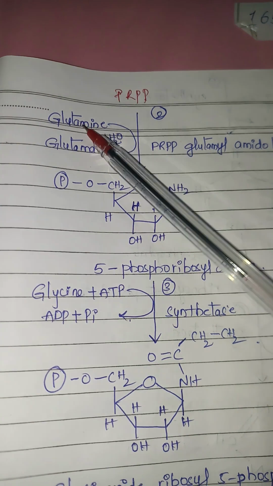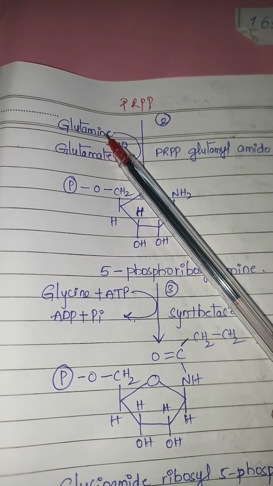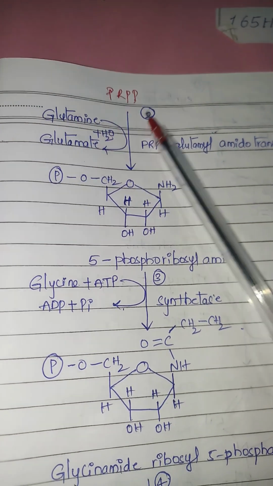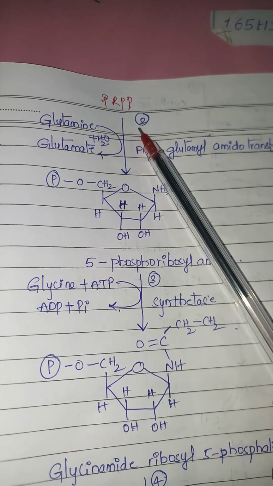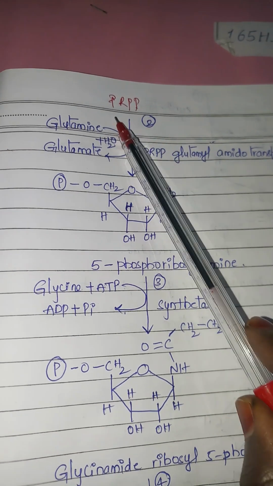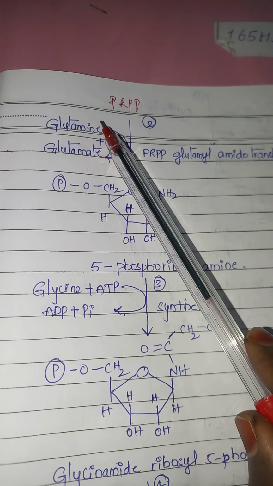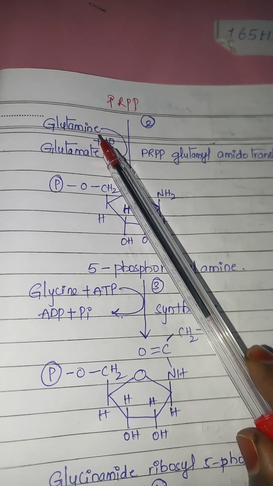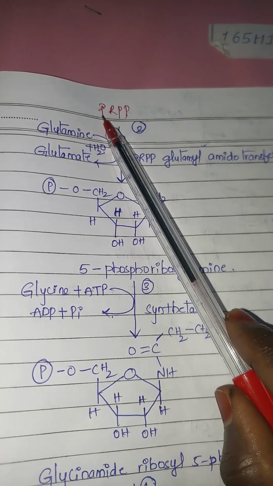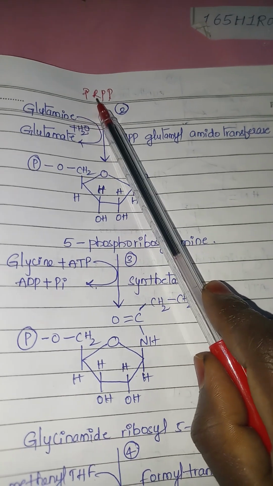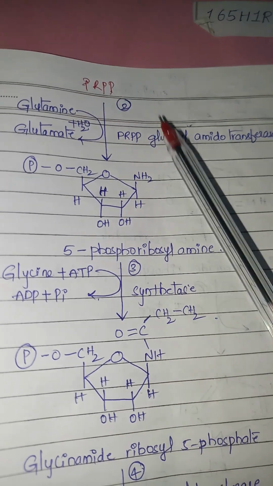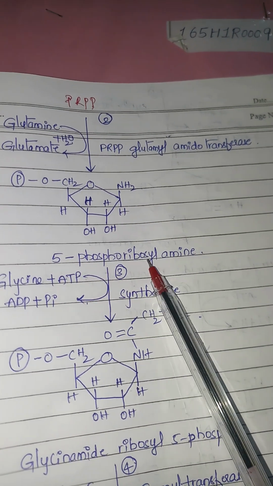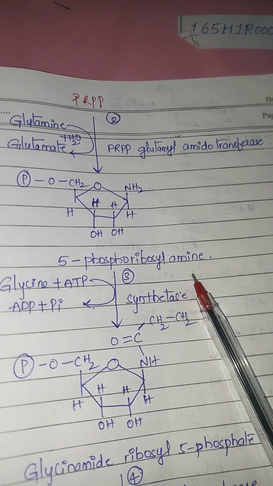In the second reaction, glutamine transfers its amide nitrogen to PRPP and produces phosphoribosyl amine.